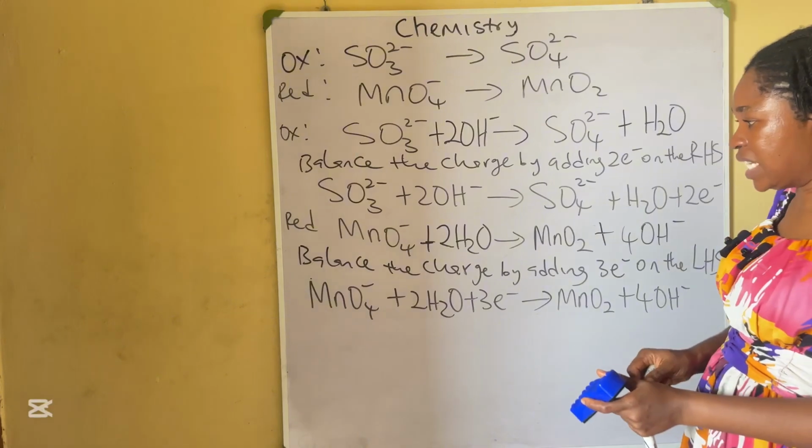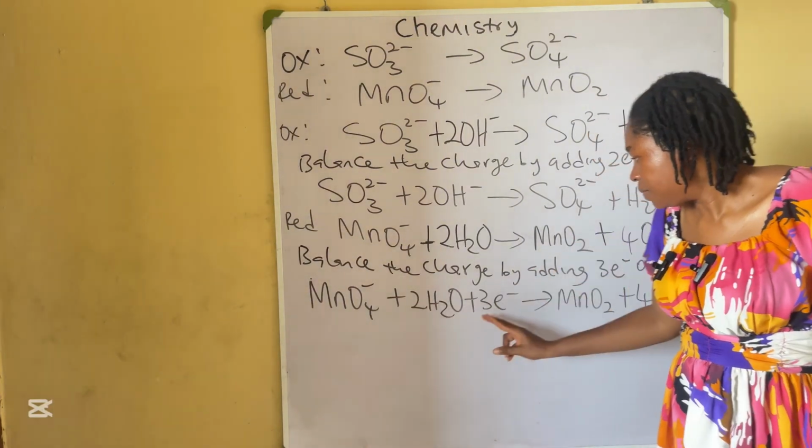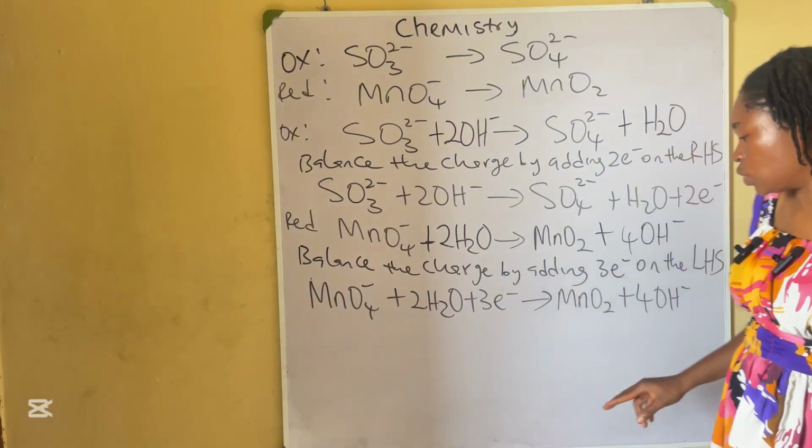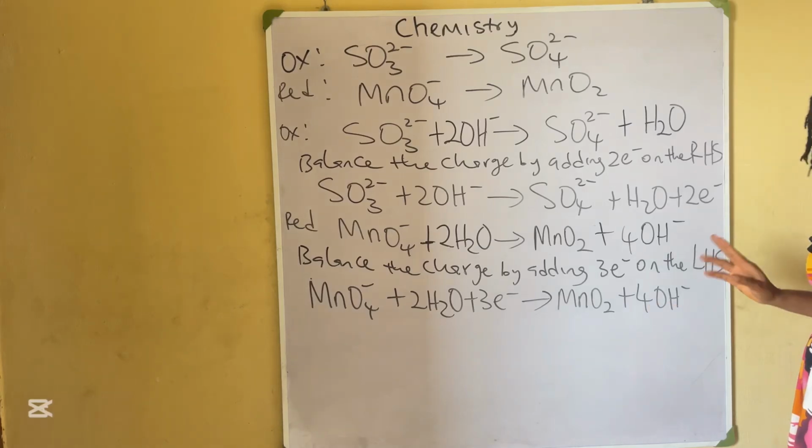So let's look at our charge again. Minus 1 plus minus 3, that's minus 4. I have minus 4 here, so it is balanced.